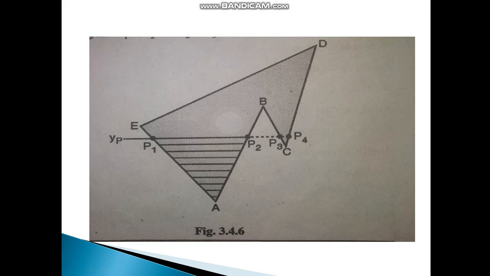The pixels of this scan line from P1 to P2 are filled, and P2 and P3 are outside of the polygon, so that's why we have not filled this portion of the polygon, and after that P3 and P4, this portion is filled.